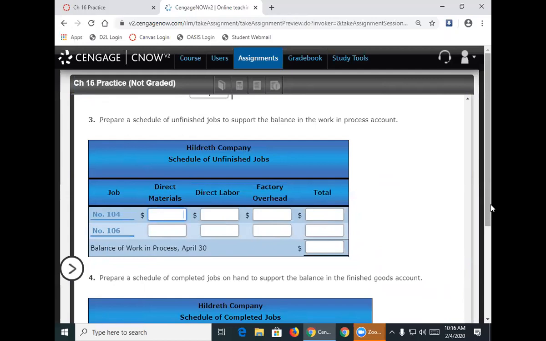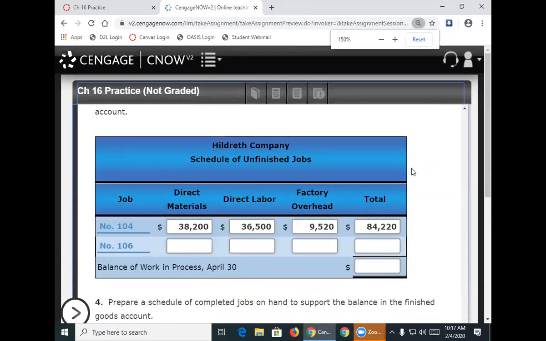So 104: materials 38,200, labor 36,500, overhead 9,520. And job 104 total was 84,220.